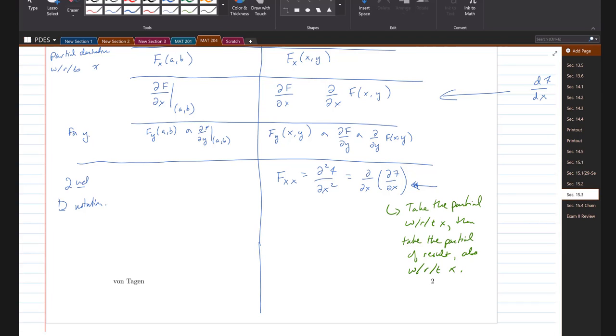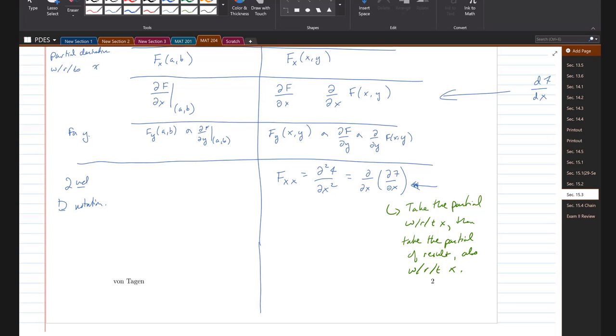Now, folks, I've used this notation for 20 years, so I'm very comfortable with it, but I could see that the first time you learn this is pretty complicated looking notation. Okay?